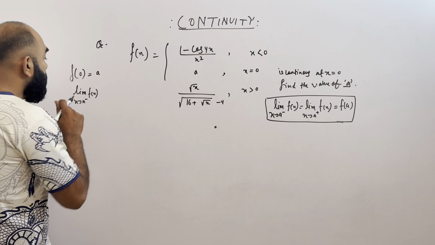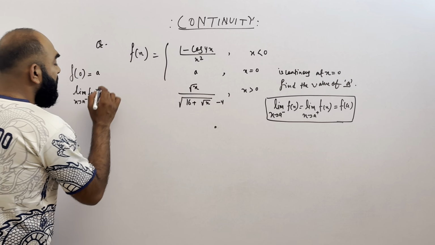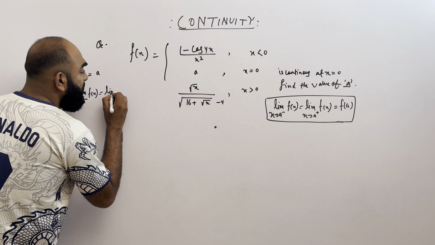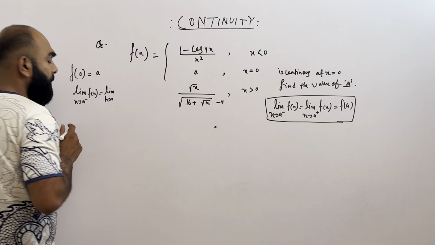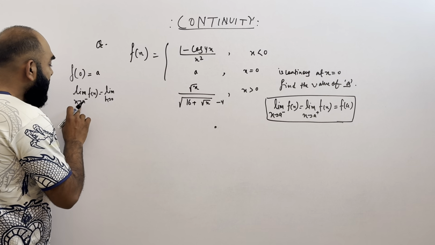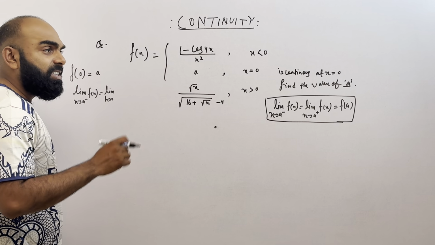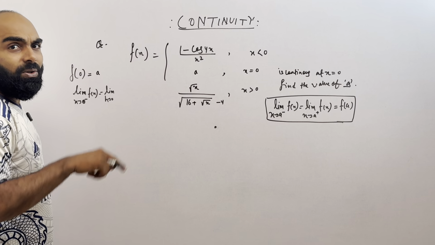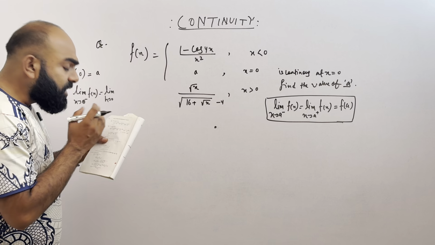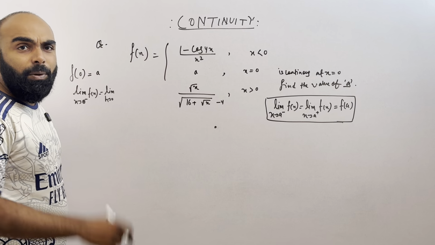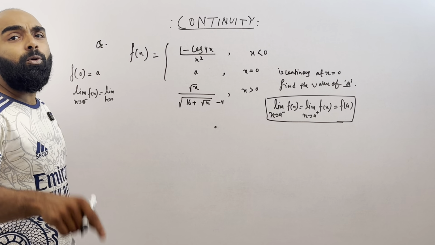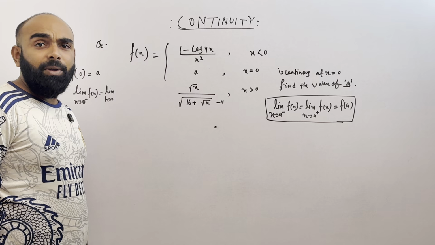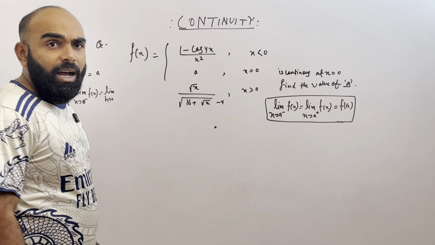So limit x tends to a minus f of x is equal to limit h tends to 0. When we are talking about x tends to a minus, we are talking about 0 minus. Basically a is 0, so just before the 0, like minus 0.999999, that way I am talking about. Are you getting my point?